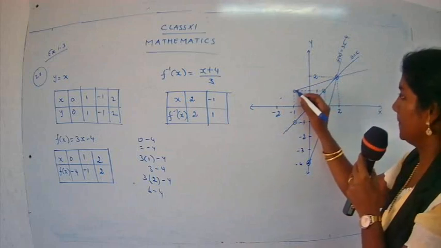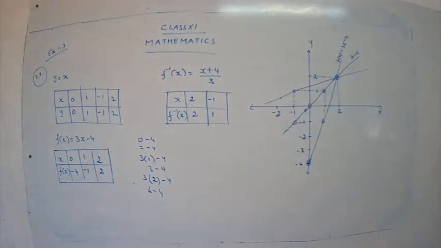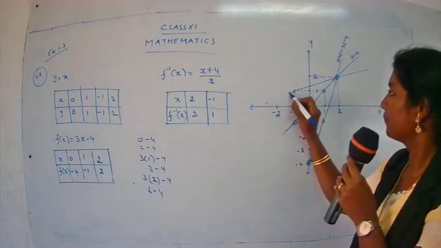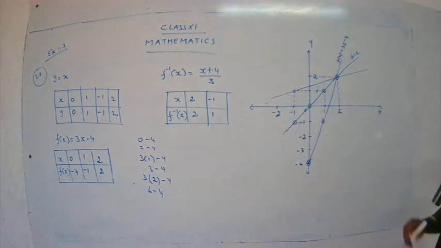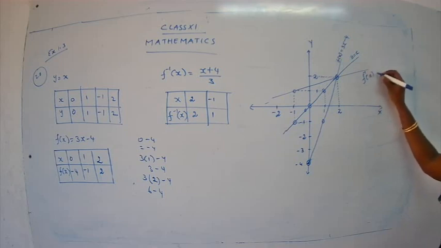It will be extended, okay, like this the line goes. Okay. So put here f inverse x is equal to x plus 4 upon 3.